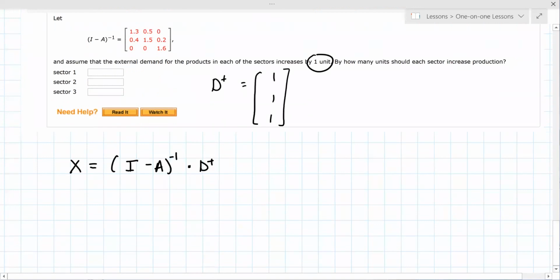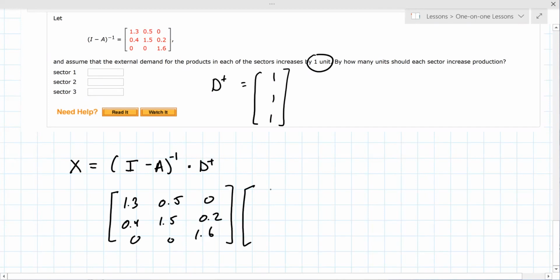So what you see here is they take this matrix 1.3, 0.5, 0, 0.4, 1.5, 0.2, 0, 0, 1.6, and then you multiply it by 1, 1, 1. So the output of that, this is a 3 by 3, and then this over here is a 3 by 1. So your final answer is a 3 by 1, and that's how you get the sectors 1, 2, and 3 up here.